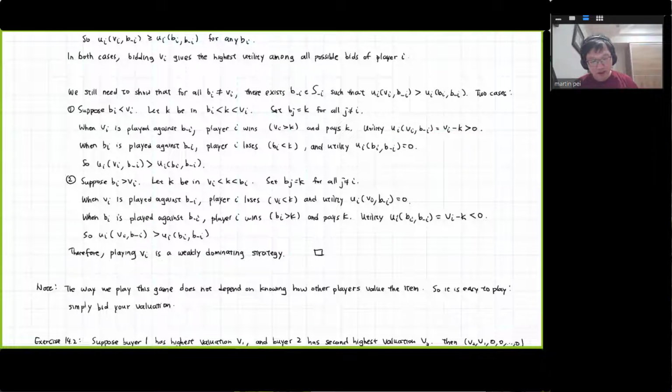But if we bid BI instead, then we don't win, and our utility is 0. So the utility actually does decrease when we play something other than VI.